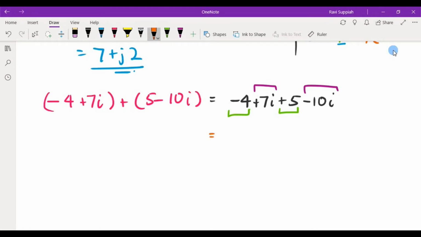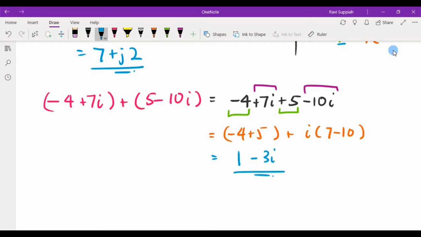The next step is minus 4 plus 5, plus I times 7 minus 10. That would give me 1 minus 3i. That is the final answer here.